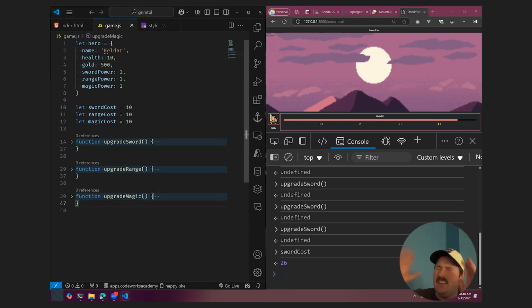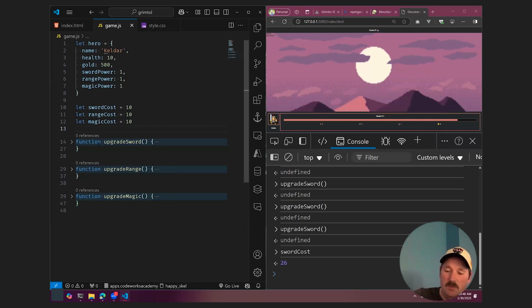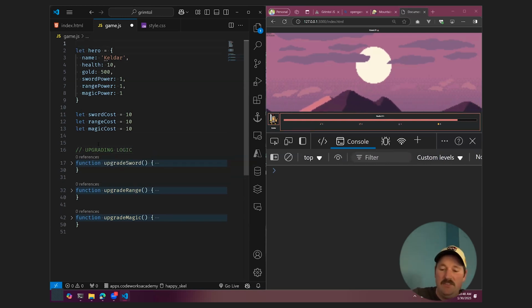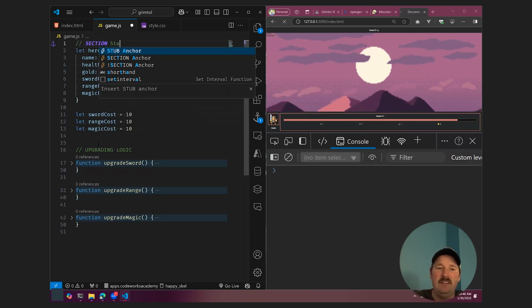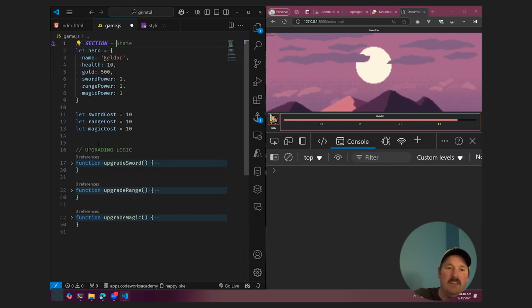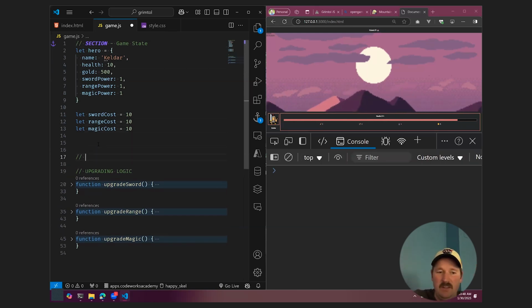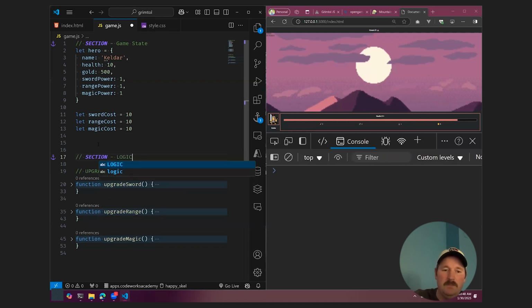Now, let's get out of the concept of upgrades. So if I were to do this, this would be like my upgrading logic, right? And oftentimes it's helpful to do this as a section. This section up here is what we would call the data state, or the game state. This is how much health do you have? What is the cost of all of that? All of those types of things. Down here, this section is going to be where we start doing our logic.